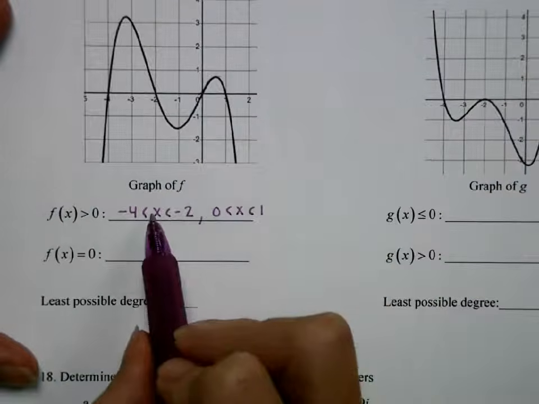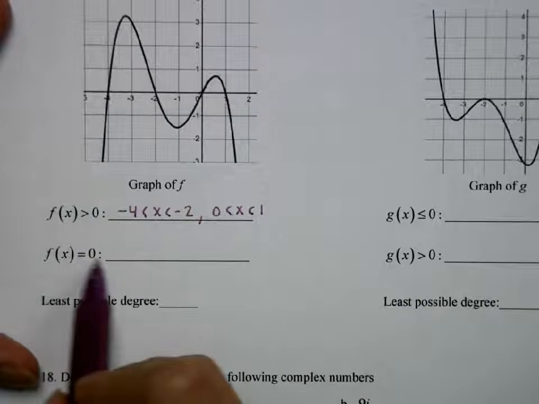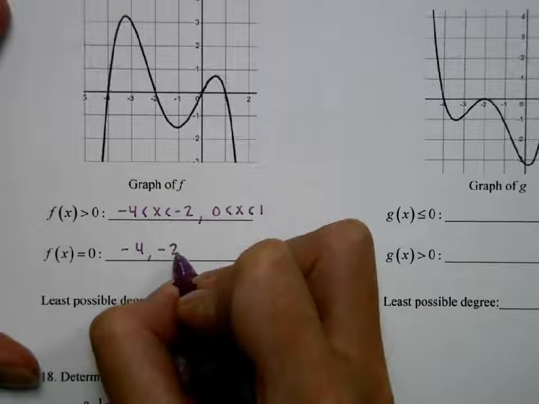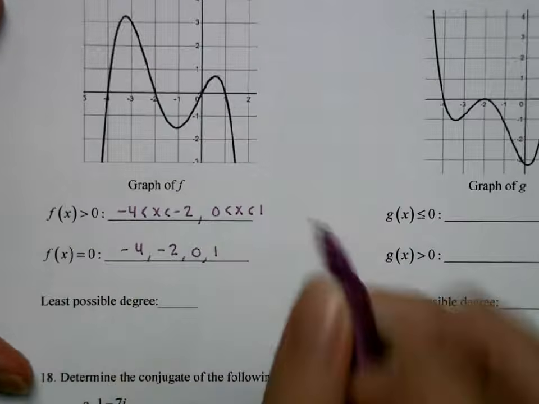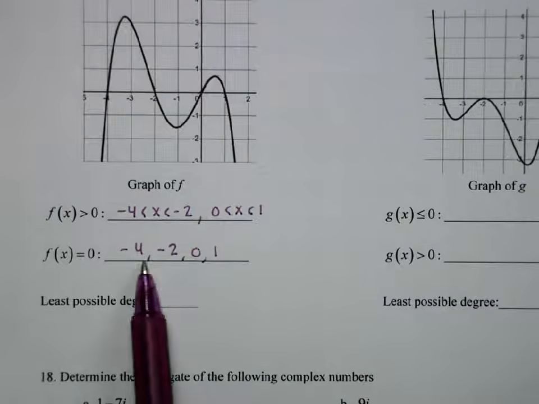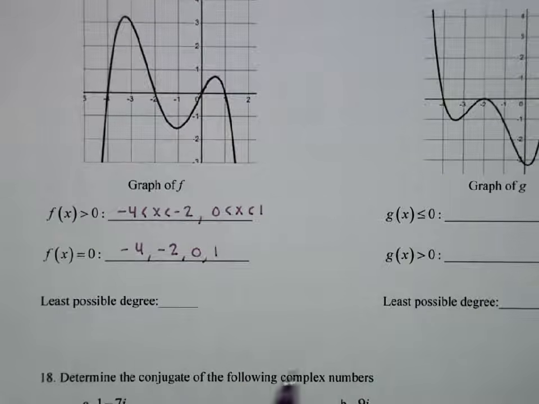Our zeros are at -4, -2, 0, and 1. Next question asks for the least possible degree. The number of zeros, including multiplicities, is the least possible degree. So if I have 4 zeros, then my least possible degree is 4.